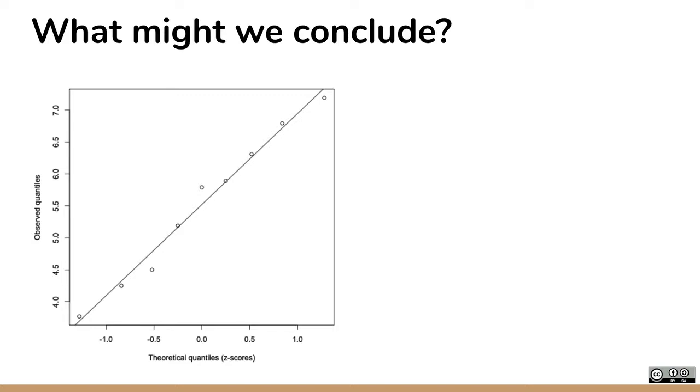So in truth, this would be a pretty nice QQ plot suggesting that the data come from a Gaussian distribution. But you can also prove it to yourself by comparing your observed data to other distributions. You don't always have to do a norm. You can do this same work with a t distribution or a chi-squared distribution.